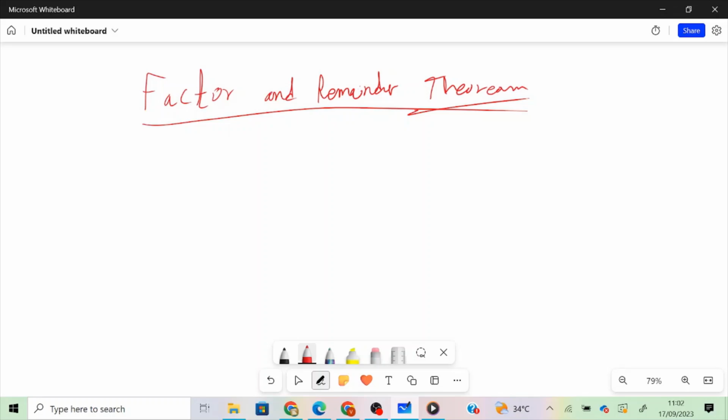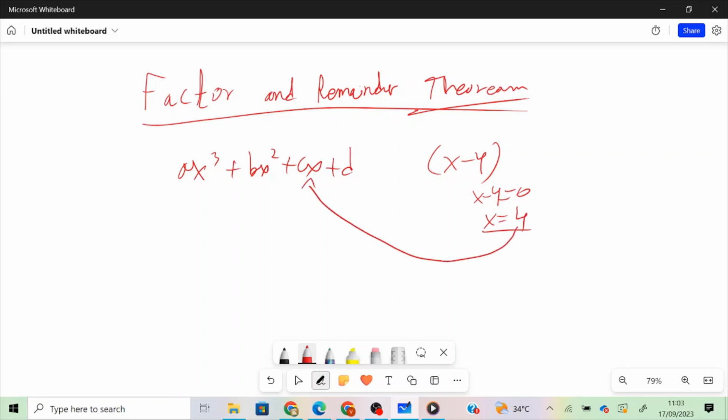Let's say I have a polynomial in the form of ax cubed plus bx squared plus cx plus d, and it tells me to divide this polynomial by, for example, x minus 4. All I have to do, instead of the long division, is equate my x minus 4 to 0, solve for my x, that's x equals 4, and just substitute my x values into the various x's over here.